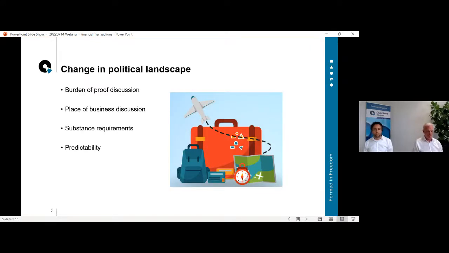Coming to my last slide of this introduction: changing political landscape. I think the message of this slide is that predictability is an item, and in times of great uncertainty it is even more complex for a tax department to handle.